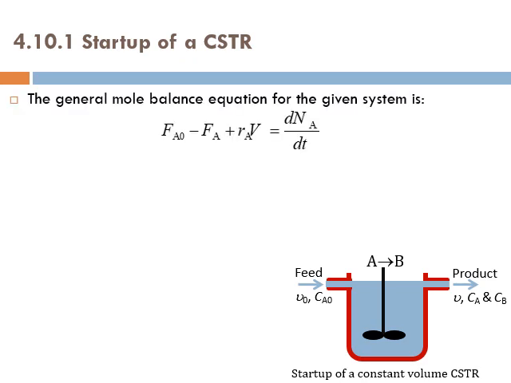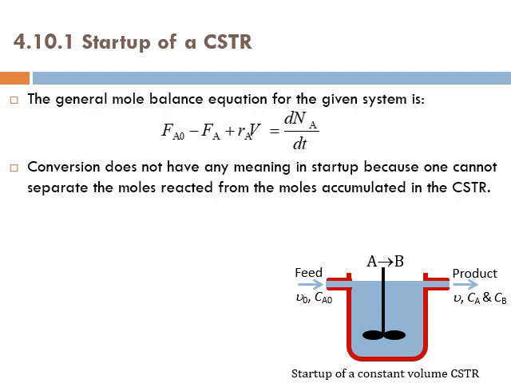The input would be FA naught, so A is entering the system, minus output, which would be FA, plus generation, which is the integration of RA dV from 0 to V. Because RA is not a function of V, we end up with RA times V, equals accumulation, which is dNA by dt.